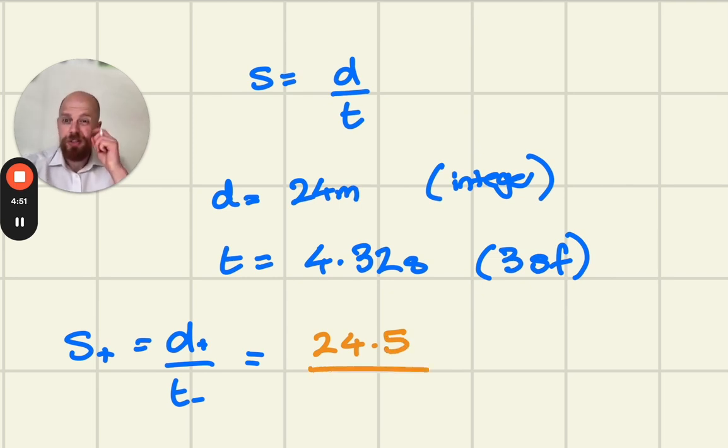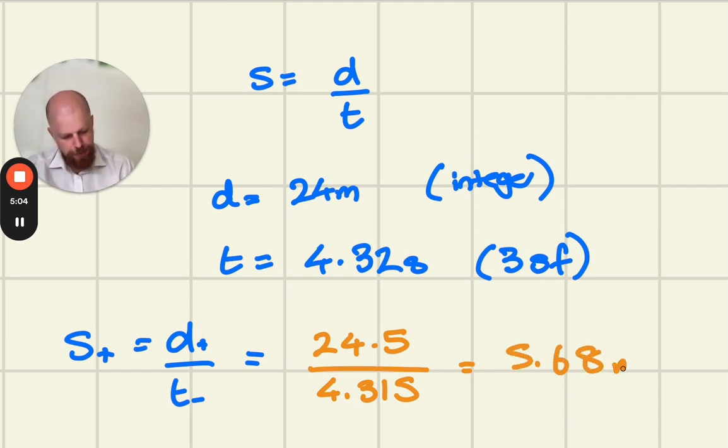Time is 4.32, correct to 3 sig figs, therefore it would be 4.315. Divide them, 24.5 divided by 4.315, and that gives you 5.68 meters per second, and that is correct to 3 significant figures.